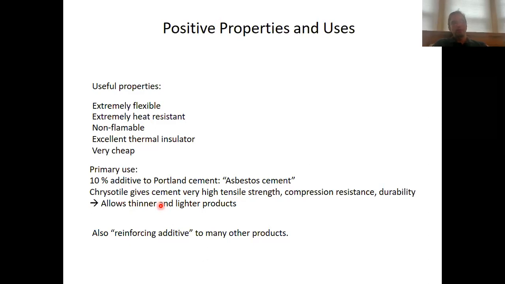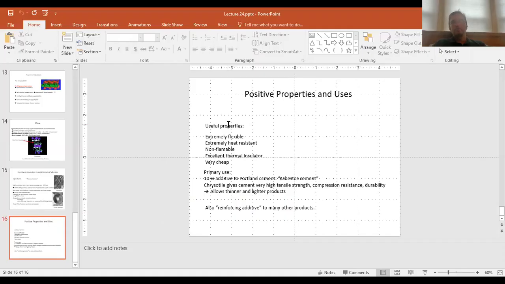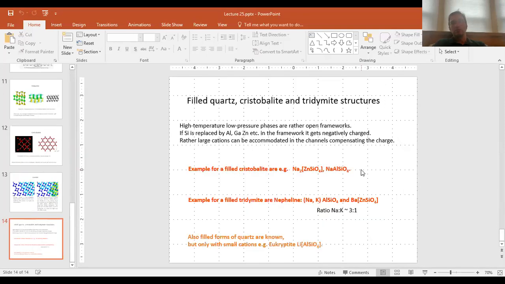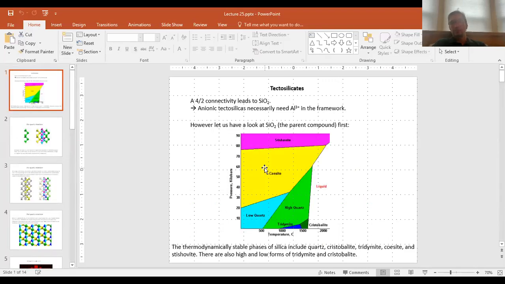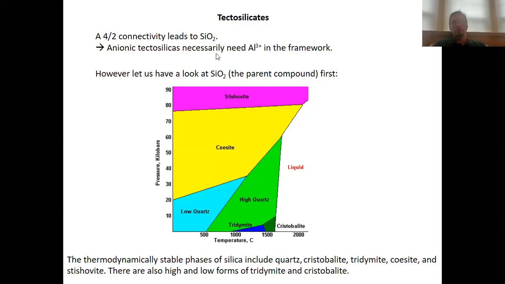Okay, so this is the last part about the two-dimensional silicates. We can now move over to the three-dimensional silicates, which are also known as tectosilicates.